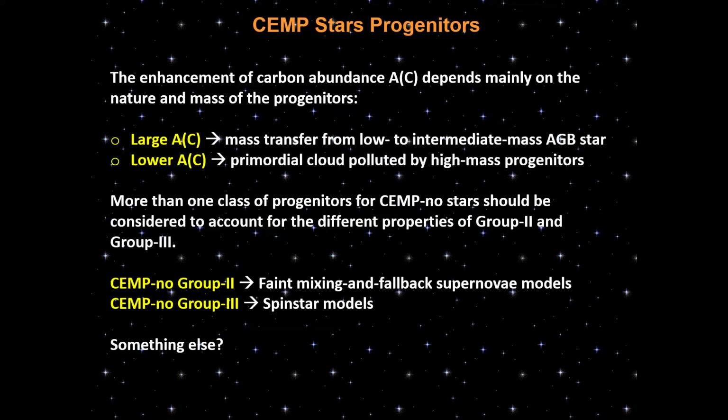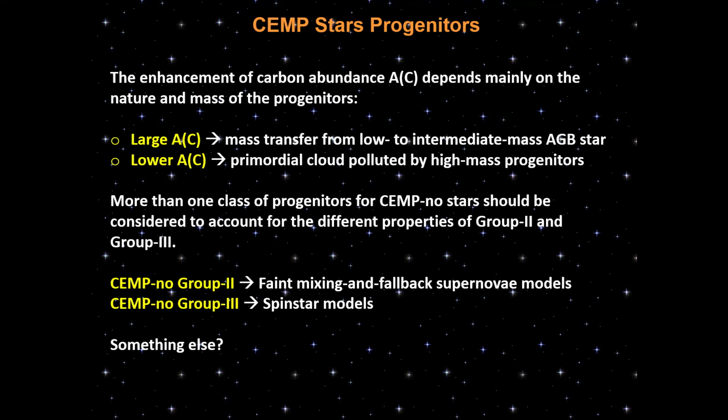They got the carbon in an intrinsic way because they formed in gas clouds polluted by the first generation of stars. But maybe for group 2 the progenitors were faint mixing and fallback supernovae, while group 3 may be spinstars models. Or there is something else that we still don't know.